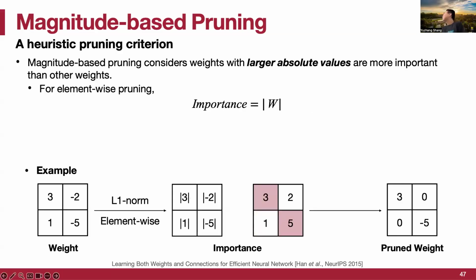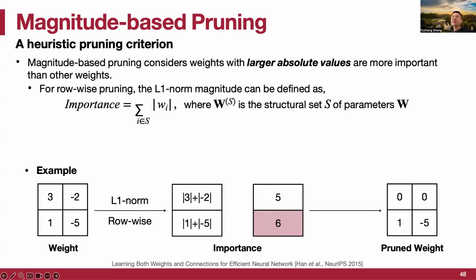Here we measure the weight importance element-wise, using the L1 norm, the absolute values, but we can generalize those concepts into row-wise, right?